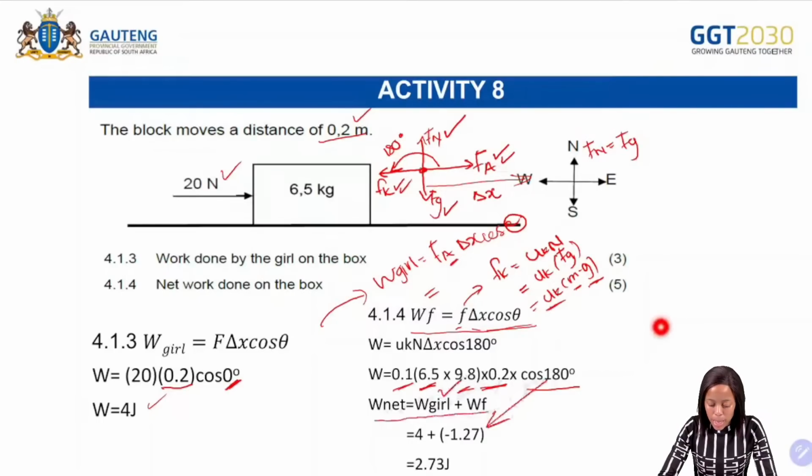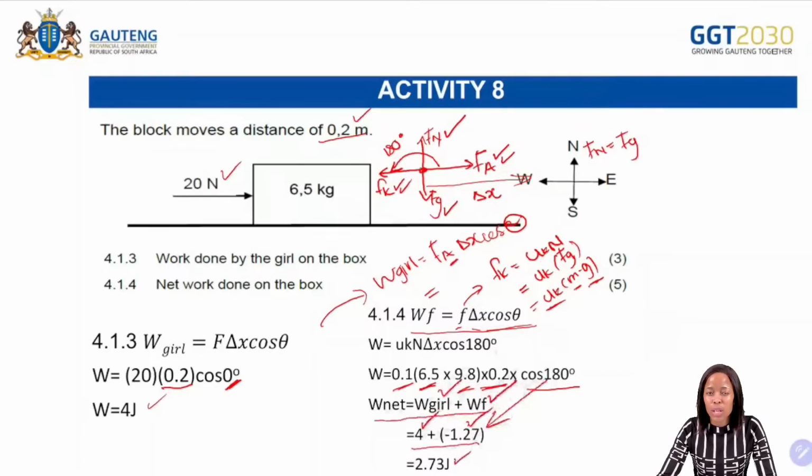So when you are done, you are going to say the net work done by the girl, which is your applied force, and the work done by friction is therefore what? The work done by the girl was 4, and the work done by friction is negative 1.27. So it's 4 minus 1.27, and that should give you an answer of 2.73 joules.